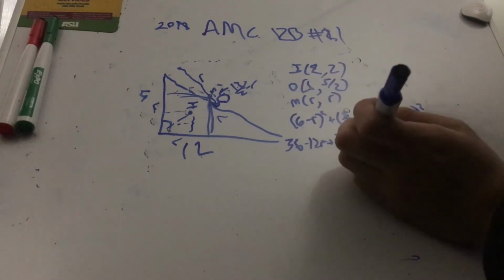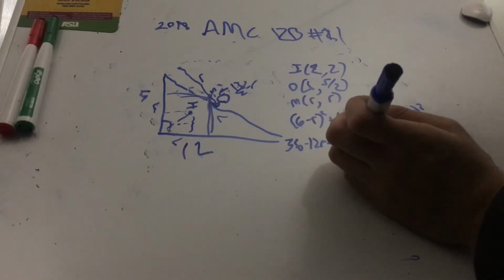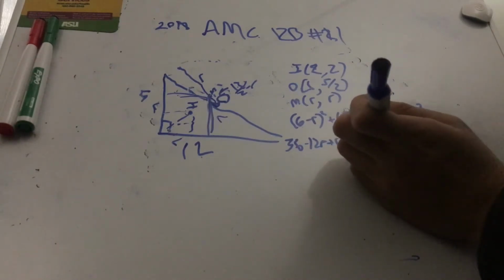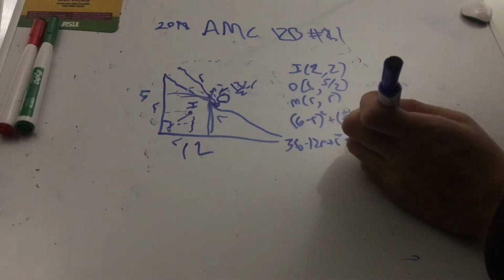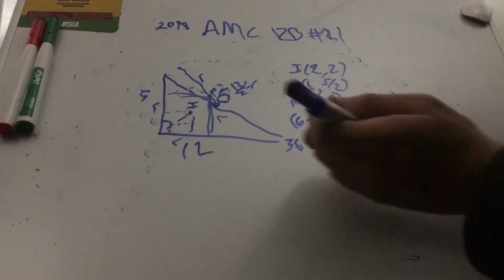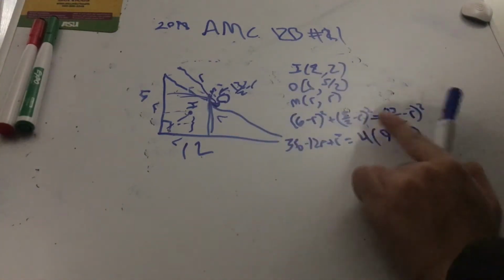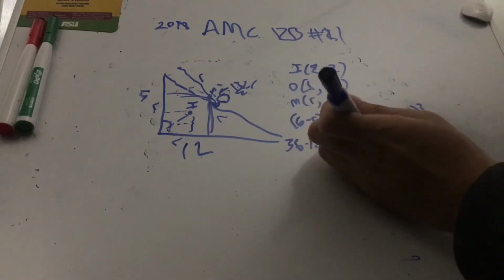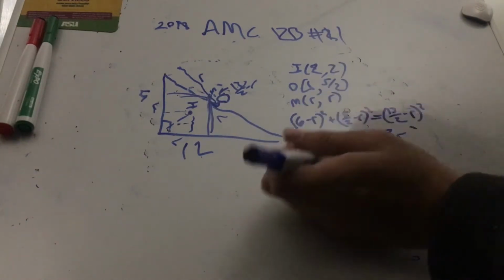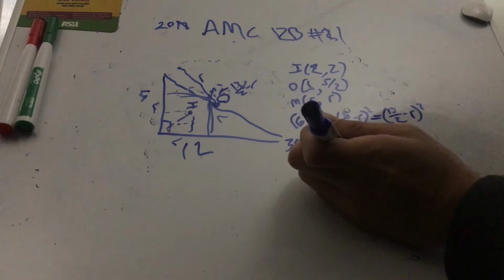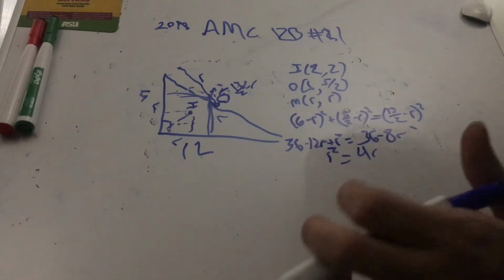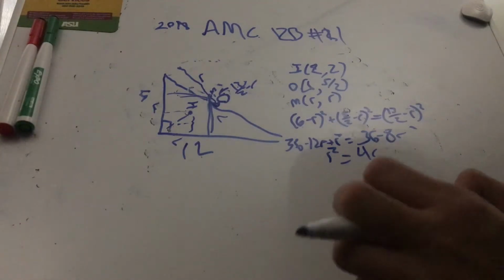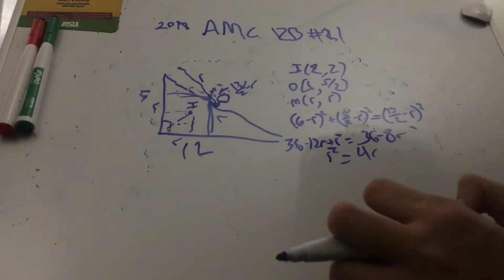The difference is 13/2 minus R minus 5/2 minus R, which gives us 4. Then we have the sum, which is 5 plus 13 is 18, 18/2 is 9, 9 minus 2R, which is going to be 36 minus 8R. Hey, that's really nice. So R squared is equal to 4R, or in other words, R is 4, which is really convenient.